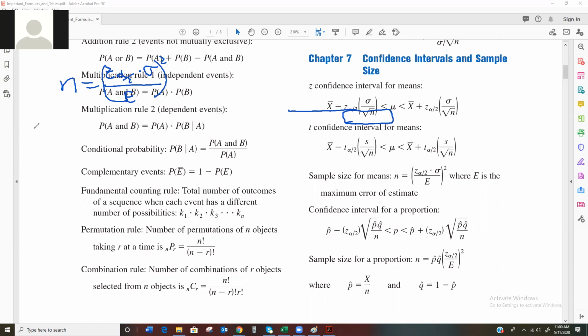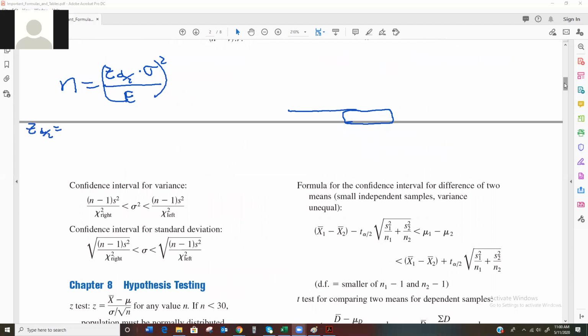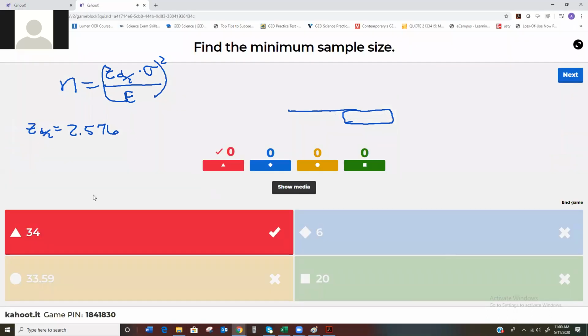And we just said that Z sub alpha over 2 was, oh my gosh, what was it? 2.576, thank you. I know, you guys couldn't see the answer, sorry. So our Z was 2.576.